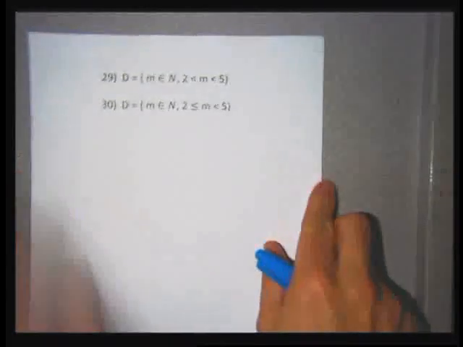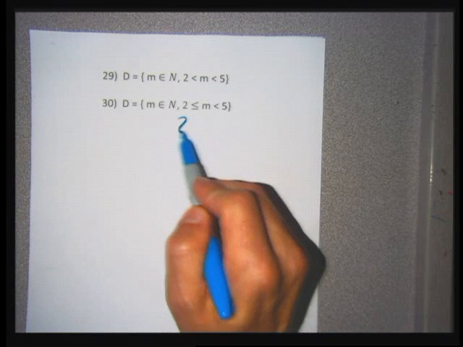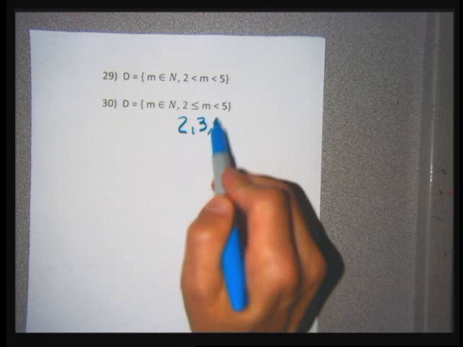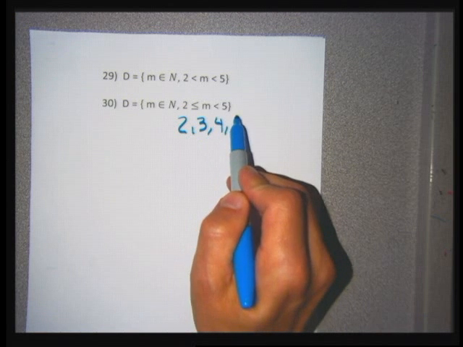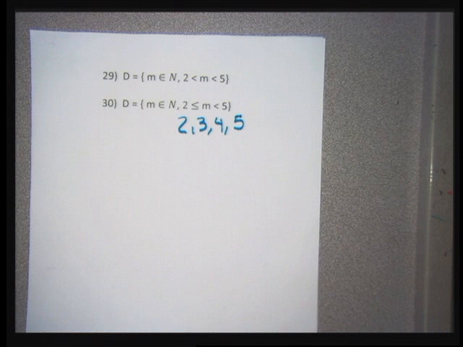Two more problems. 29 and 30 I put together because they work the same way. So 29 refers to the numbers between 2 and 5, and the number 30 refers to the numbers between 2 and 5. But when I go to write my answer, I have to figure out which numbers I'm including and which I'm not including.